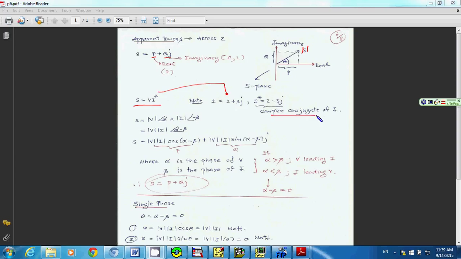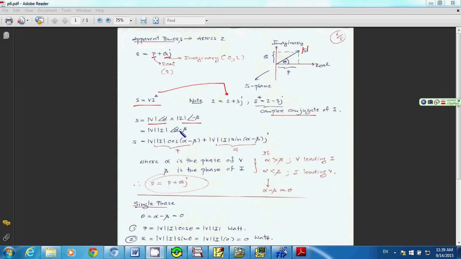This is what we call the complex conjugate of I. So if you start with V with phase angle alpha and I with phase angle beta, V stays the same, S equals V multiplied by I complex conjugate, so I need to change the phase of your current to negative beta.